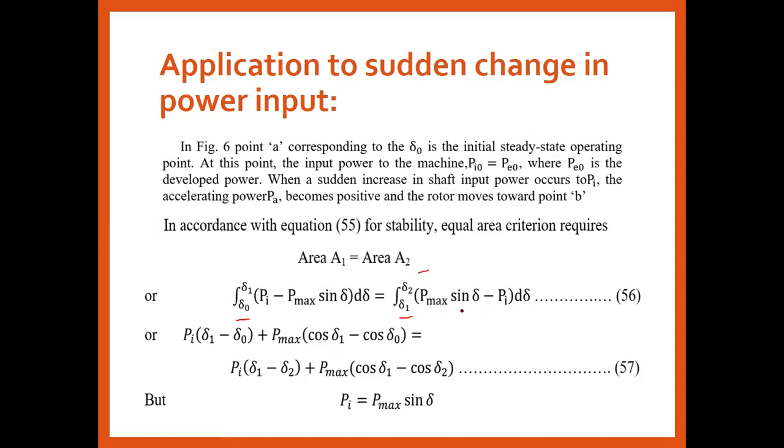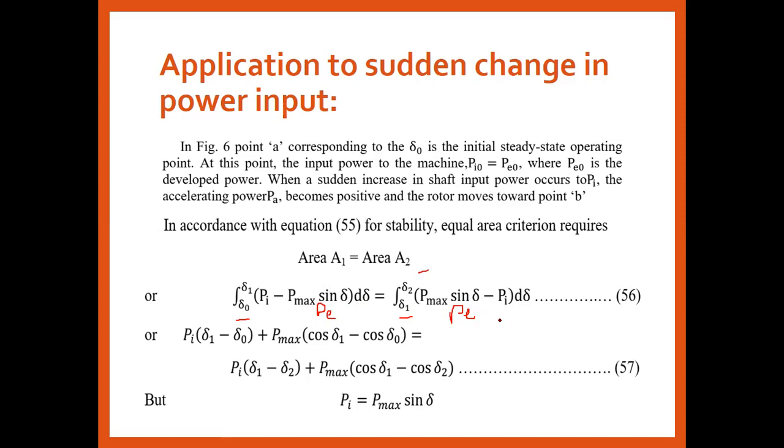P max sine of delta minus Pi is Pa, so Pi minus Pe into d delta, or Pe minus Pi into d delta.